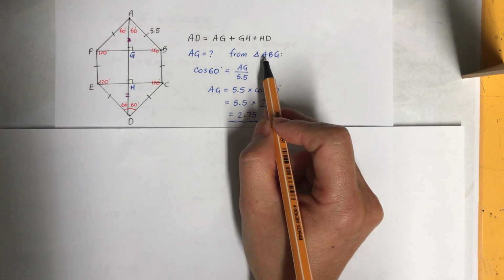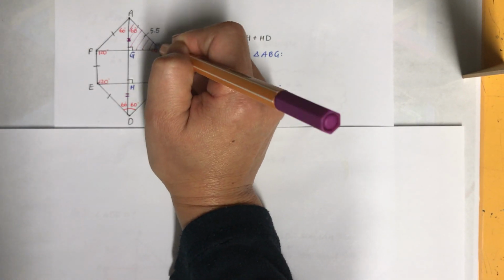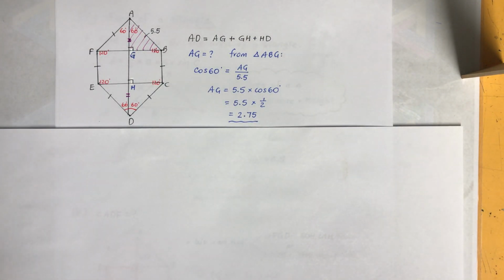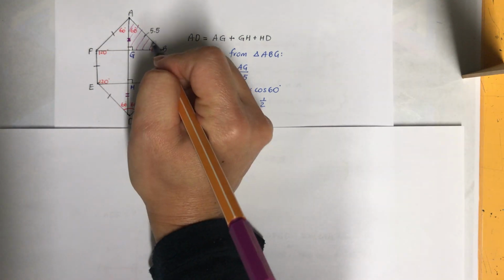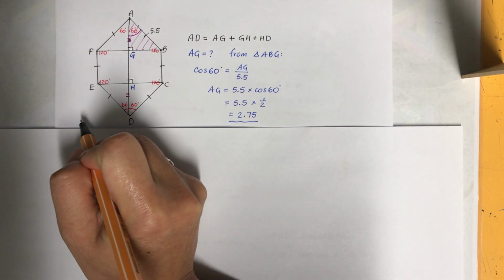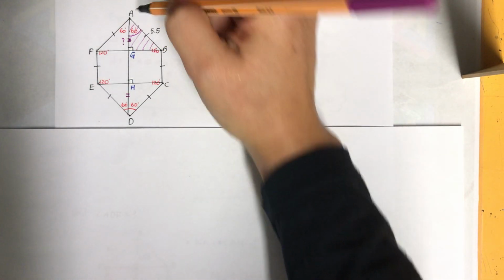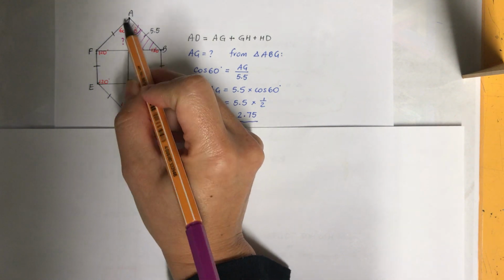So I'm looking at triangle ABG. So here, this one. I'm looking at that. So that's my angle. And I'm looking for AG. So that's my question mark there. So that's my adjacent.